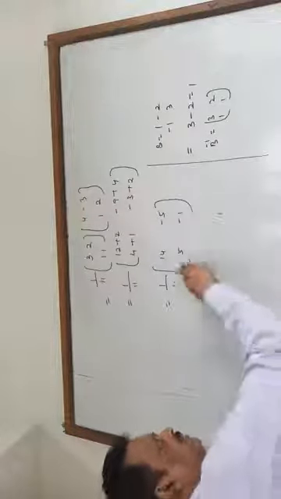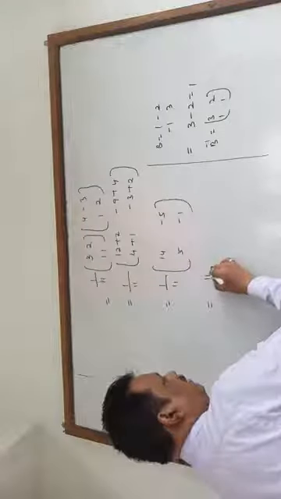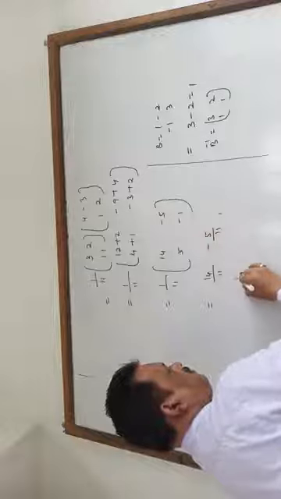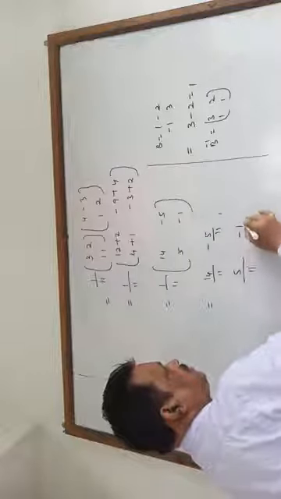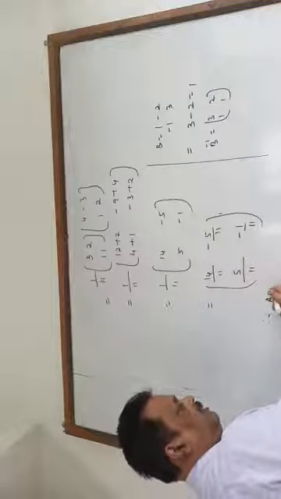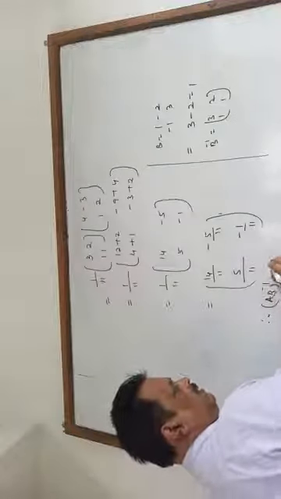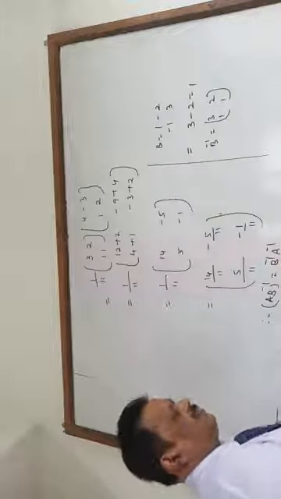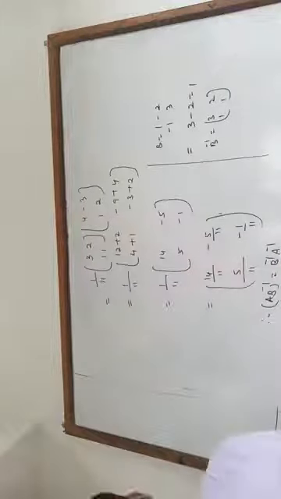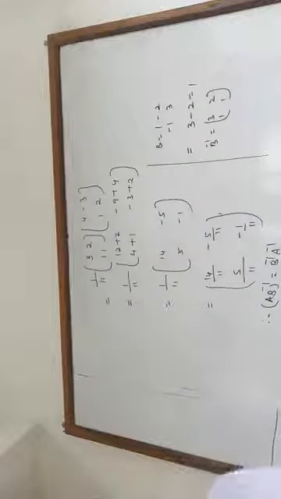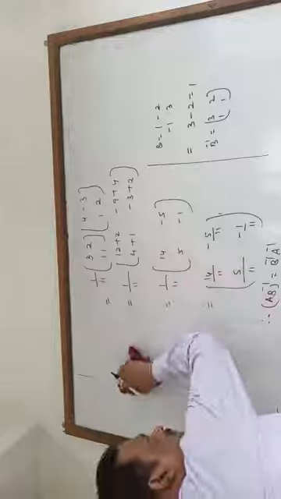So now if you divide by 11, 14 by 11, minus 5 by 11, 5 by 11, minus 1 by 11. So therefore you have to remember (AB) inverse is B inverse A inverse. This became a formula for us. We will study it later. Now let's take another question.